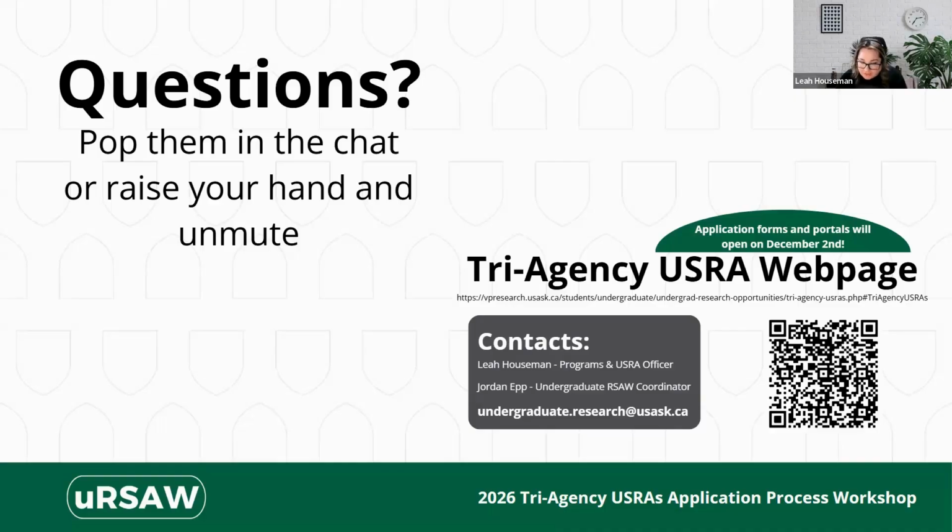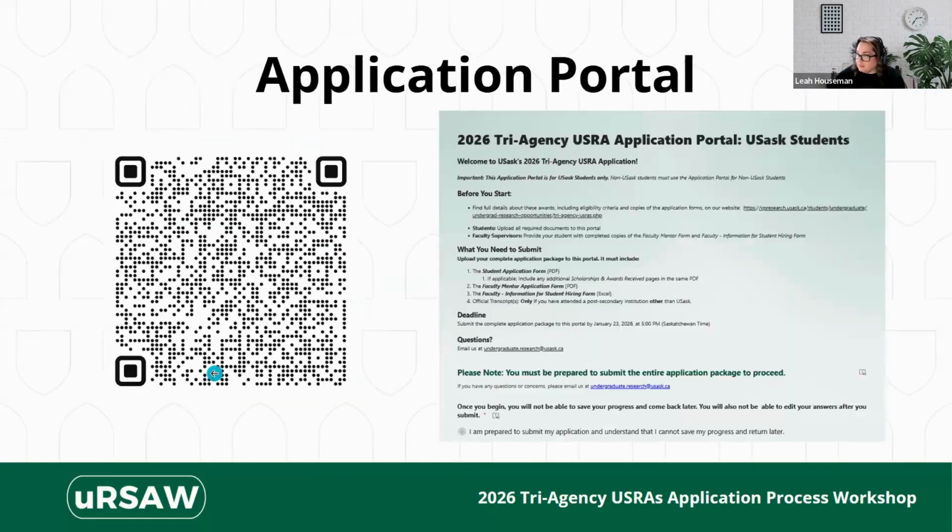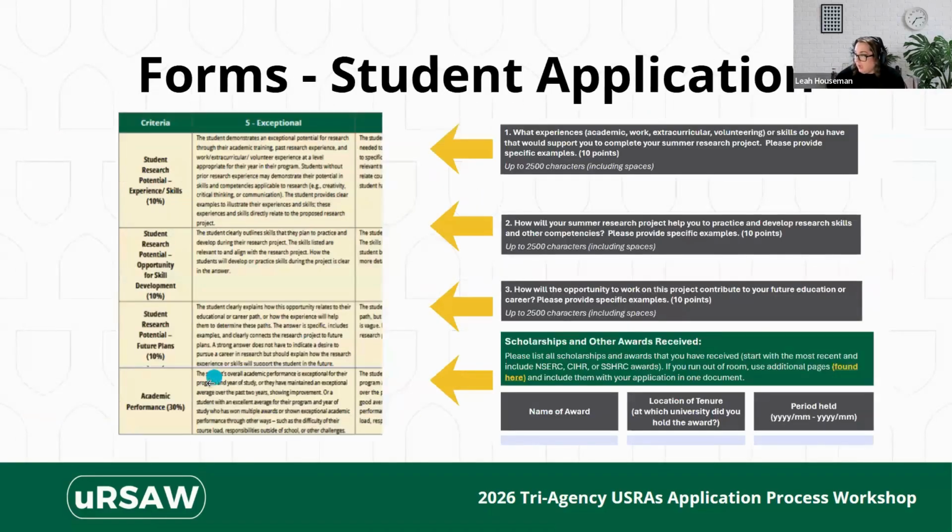The other question is about the student application form, and it does not include the information on the project. So that is correct. The student application form, sorry, I'll go back to the slide here. So you were asked to answer these questions here.